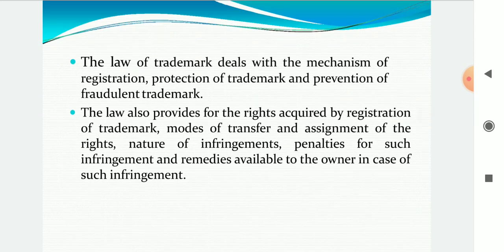This law of trademark deals with the mechanism of registration, protection of trademarks and prevention of fraudulent trademarks. The law also provides for the rights acquired by the registration of trademarks, modes of transfer and assignment of the rights, nature of infringements, penalties for infringements, and remedies available to the owner in case of such infringements.